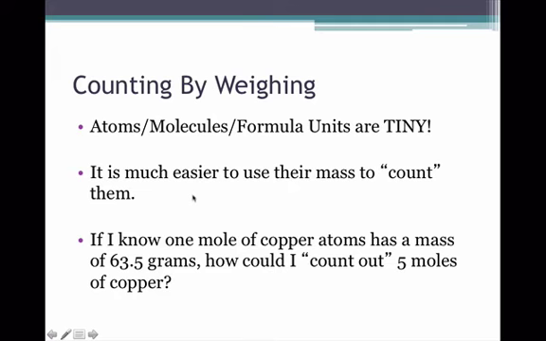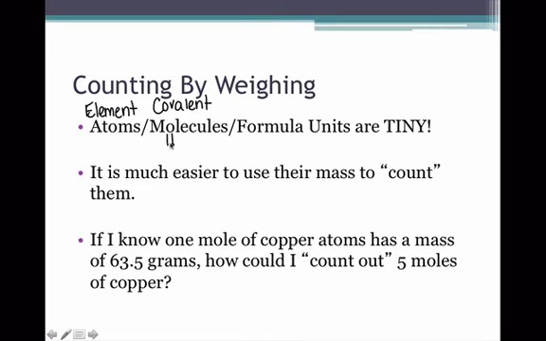If we can figure out the mass of our sample, we can go backwards to determine how many atoms or molecules or formula units we must have. And it's important to note here, atoms are if you have a pure element. So if I have just copper atoms, that's what we would say. If I have covalent compounds, though, we say they are molecules.